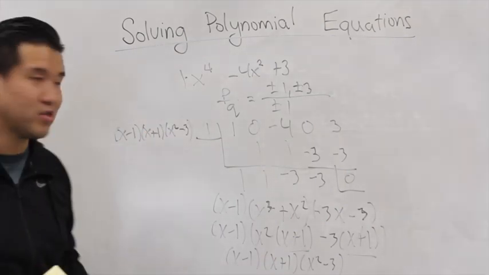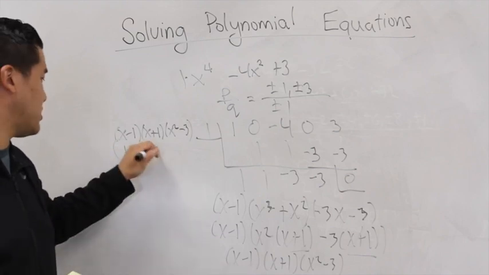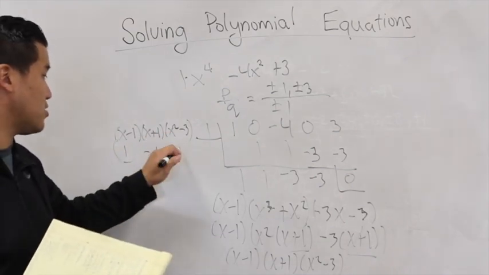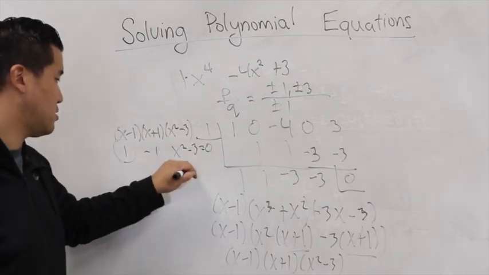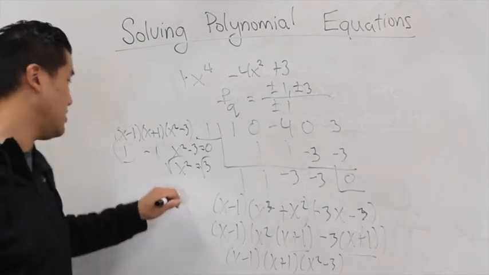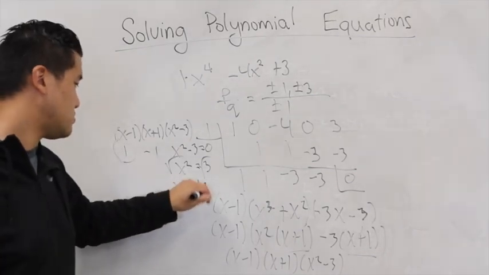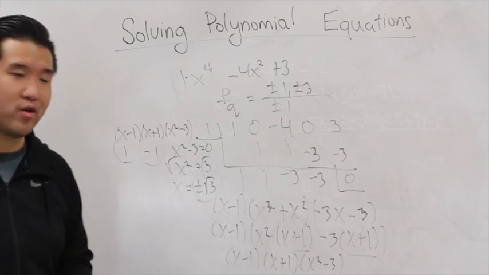I want you to find x-intercepts. Set that equal to 0, so you get 1. Set that equal to 0, you get negative 1. Set this equal to 0, I'll show that one. Move the 3 over. Square root it. But when you square root, how many answers do you get? Good. 2. So you have 1, negative 1, and plus or minus root 3 are my x-intercepts.